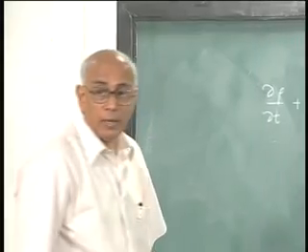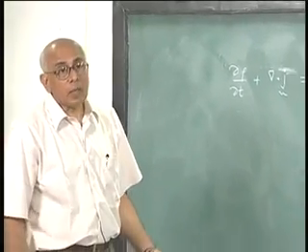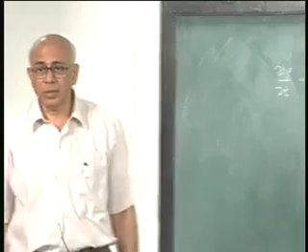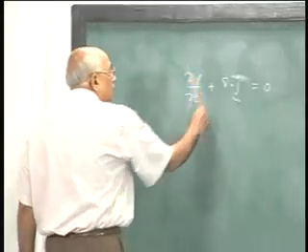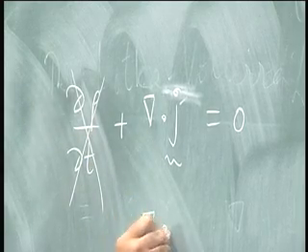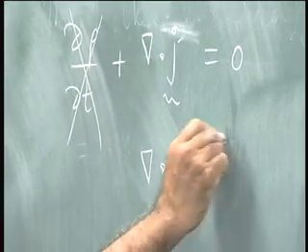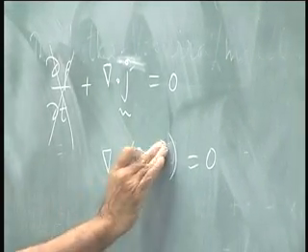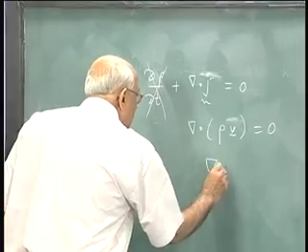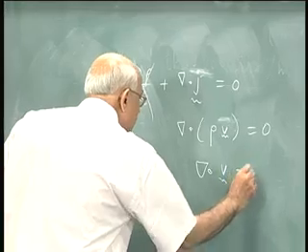Now suppose you have an incompressible fluid, rho does not change, it is constant in space and time, then this term is 0 identically, and del dot j is 0. But what is j? It says del dot, it is rho times the velocity v equal to 0. But rho is a constant, so this implies that del dot v equal to 0.